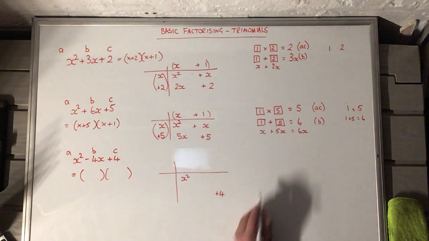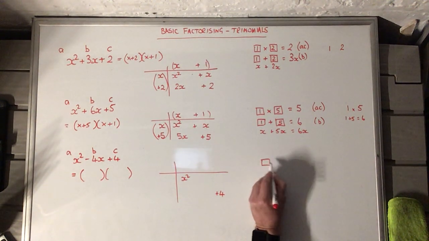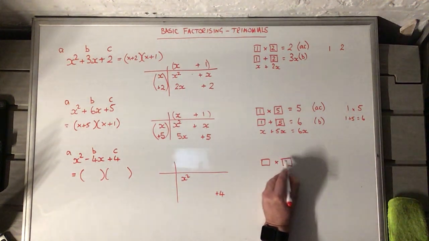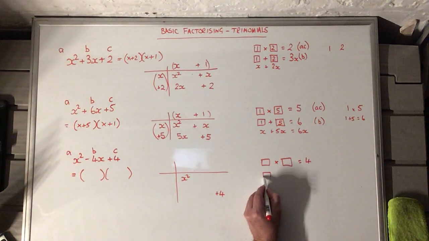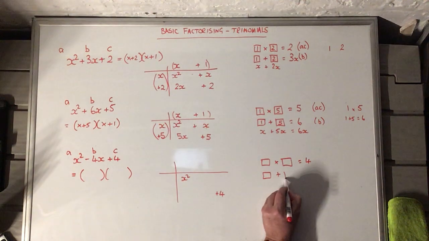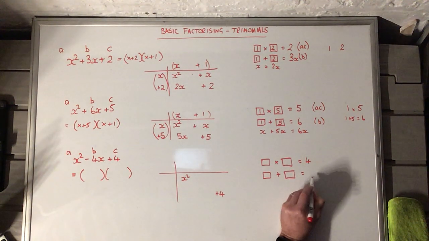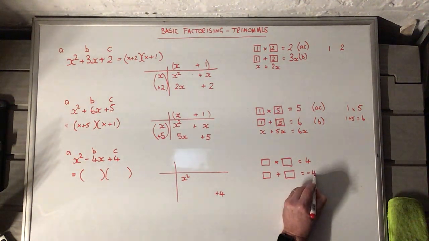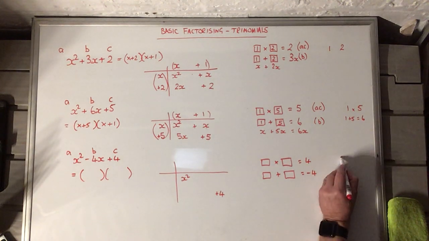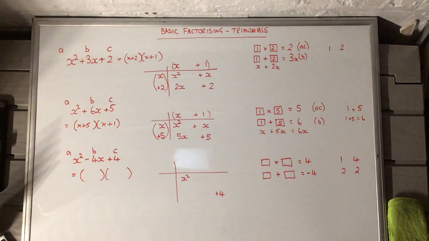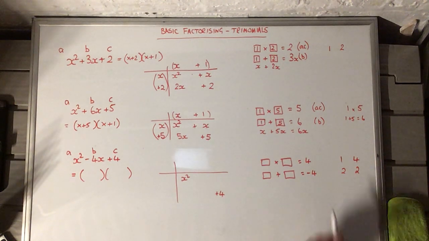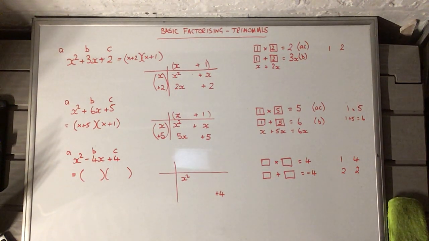We need two numbers that multiply together to give me 4, and at the same time the same two numbers must add to give me negative 4. So factors of 4: 1 and 4, 2 and 2. Those are the only possible factors.